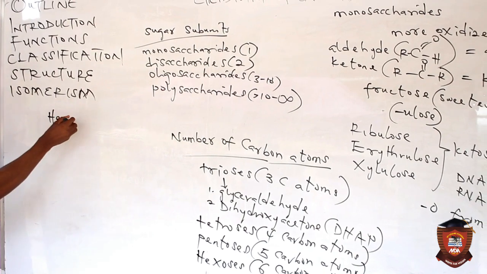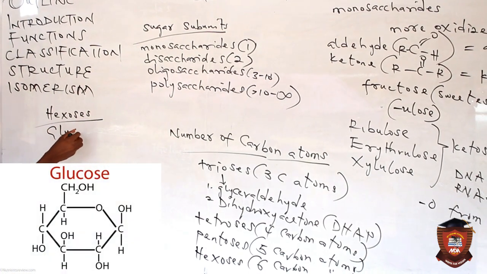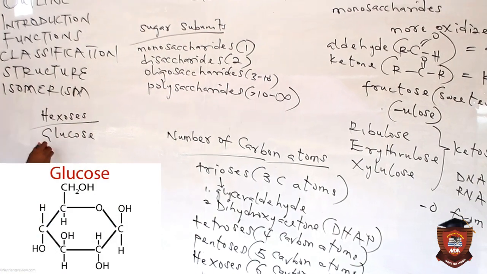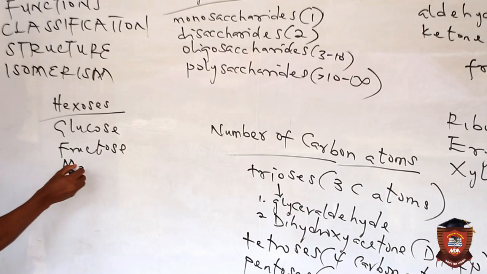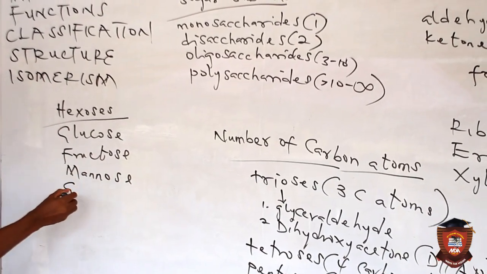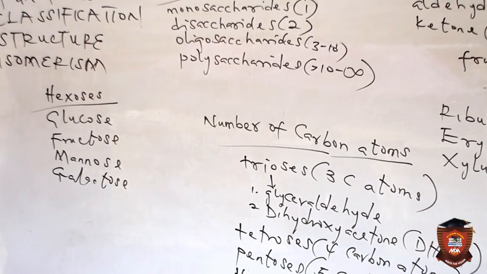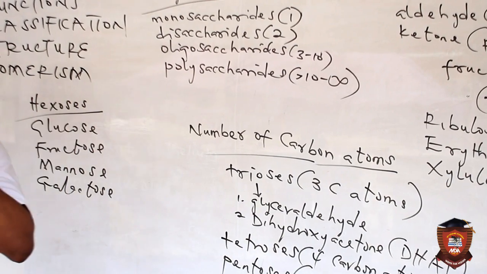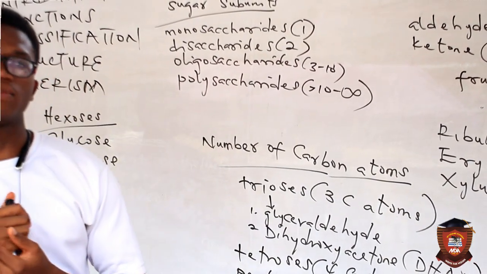Under hexoses, we have the glucose, we have the fructose, we have the mannose, we have the galactose, etc. So these are hexoses, and they are called hexoses because they contain 6 carbon atoms.